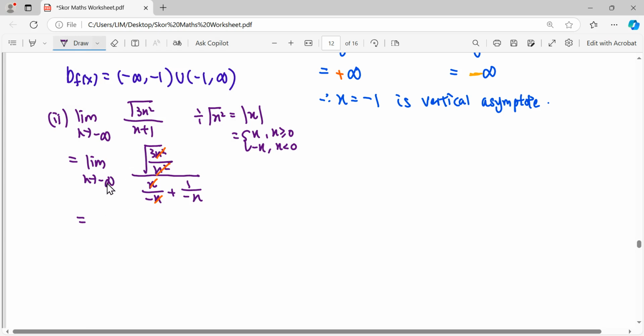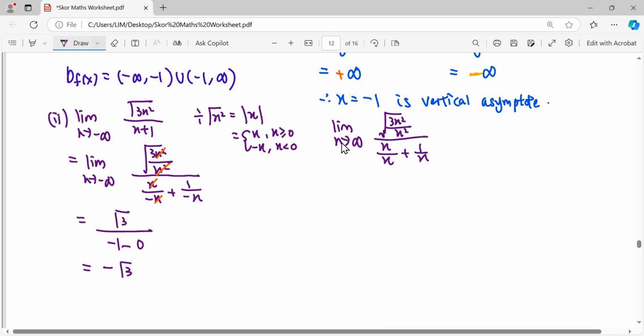We evaluate our limit again. So this is surd 3, this is -1, this is -0, so therefore it will be -3. Then we continue, we're going to calculate the limit as x approaches positive infinity. As I want to simplify, divide by the highest power of x, square root of x squared. So here we'll divide by x, because our x approaches infinity.